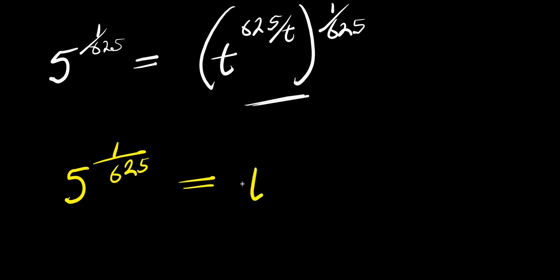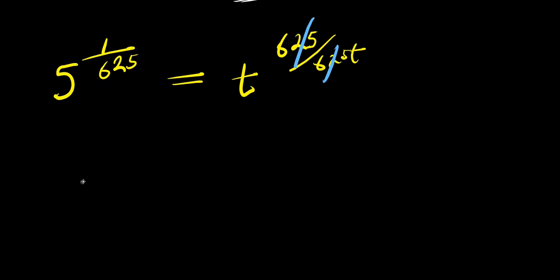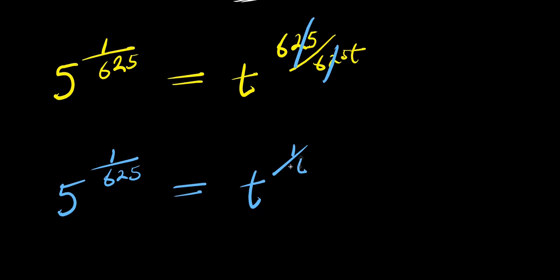And this equals t to the power of 65 times 1, this is 65 divided by 65t. So right now, 65 cancels 65. I have 5 to the power of 1 over 65 equals t to the power of, this is 1 over t.